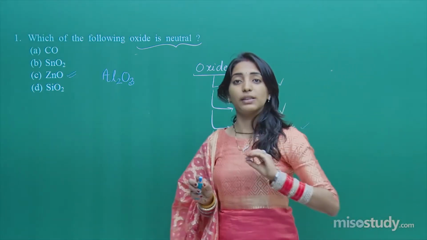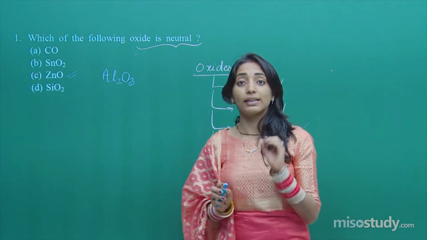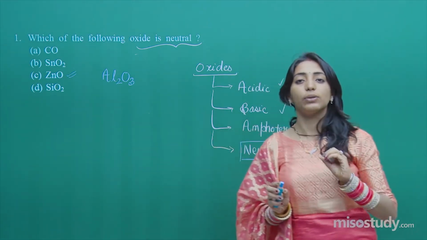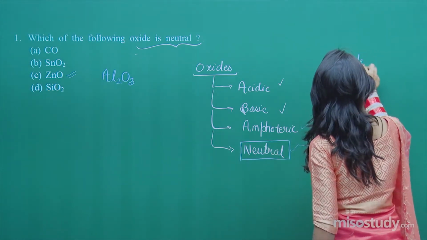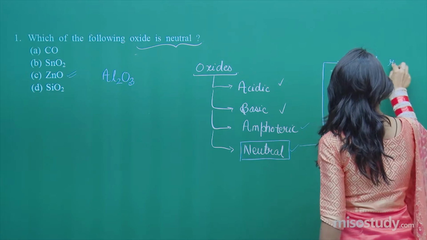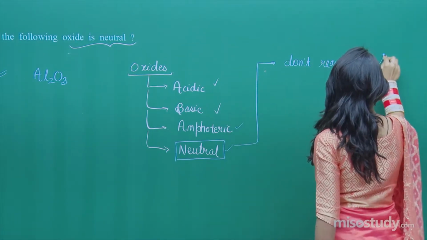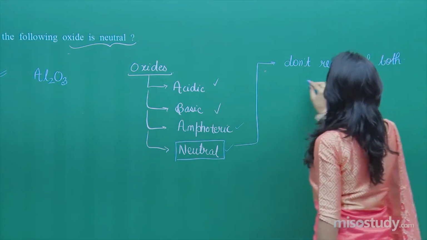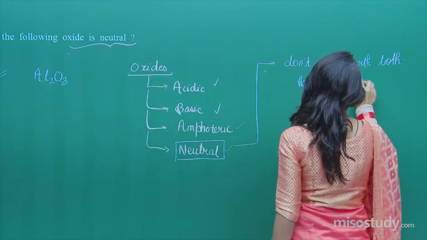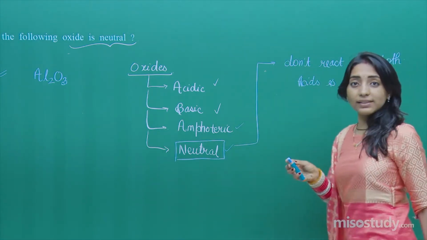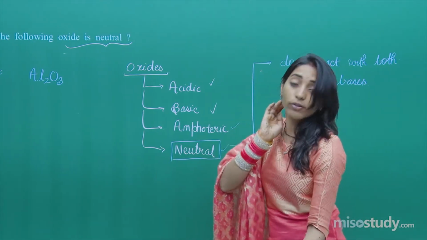Neutral oxides, as the name suggests, are those oxides which have no tendency to react either with an acid or with a base. So neutral oxides do not react with acids and bases, and there were 3 examples of neutral oxide that I will be discussing.